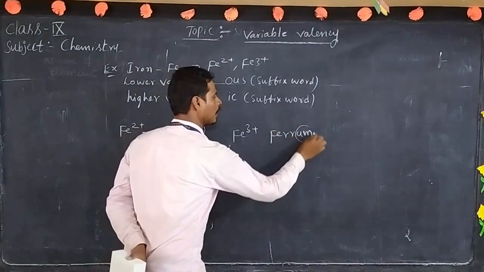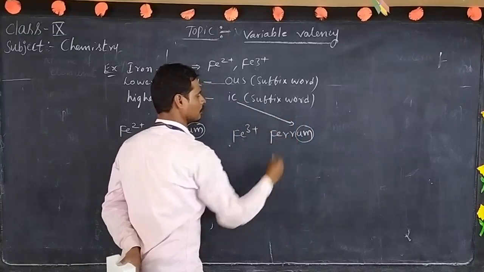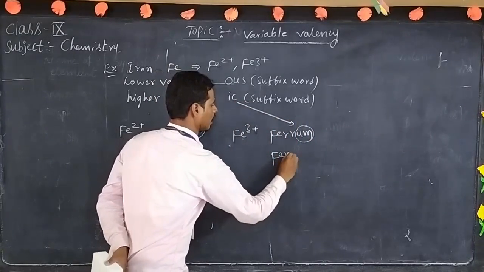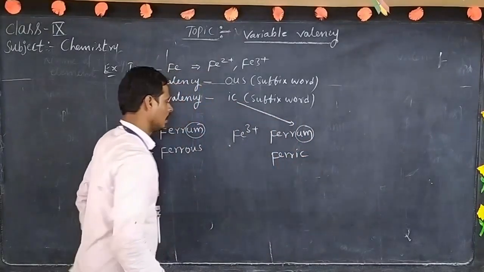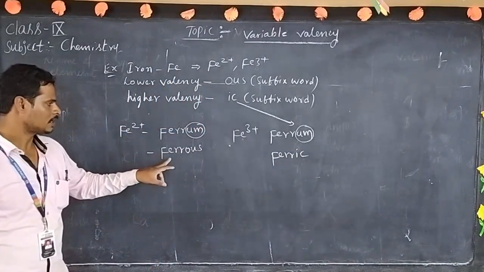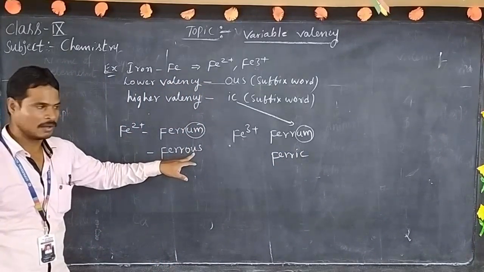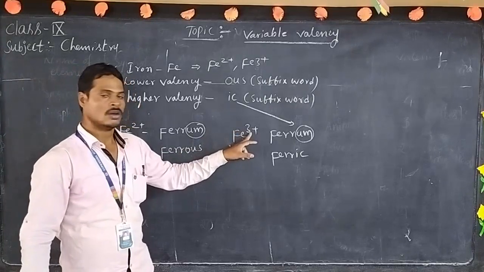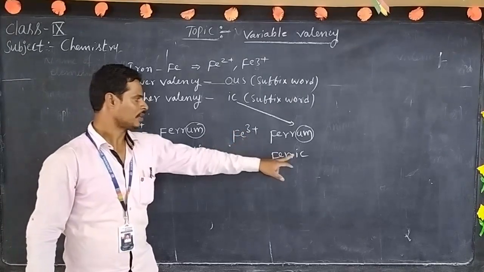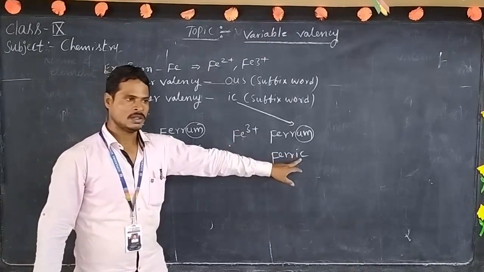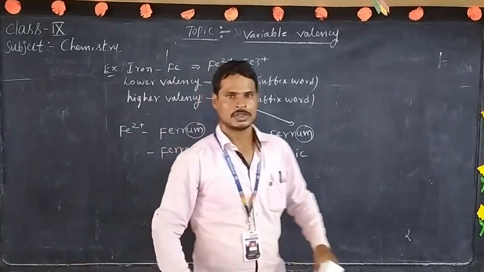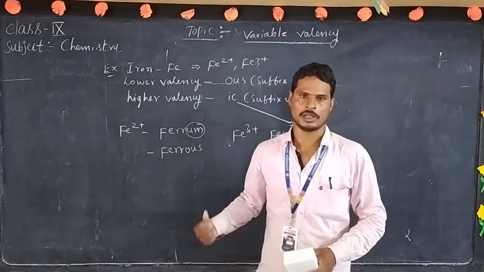So here -um is replaced by the -ic form. Ferric. If an element exists in a lower valency, we use the -ous form. If an element exists in a higher valency, we use the -ic form. So, thank you. Next class we will discuss the remaining topic.